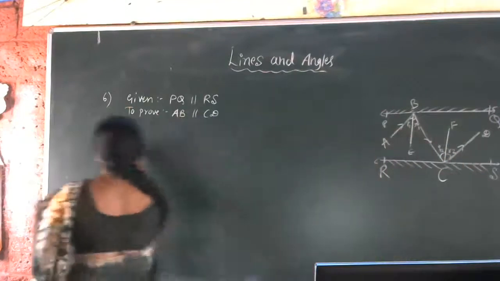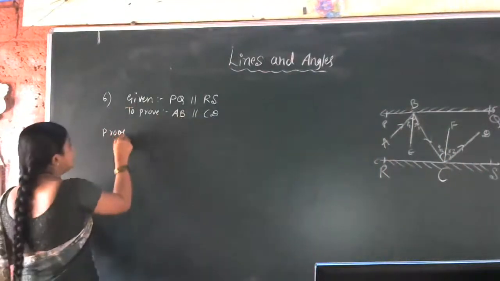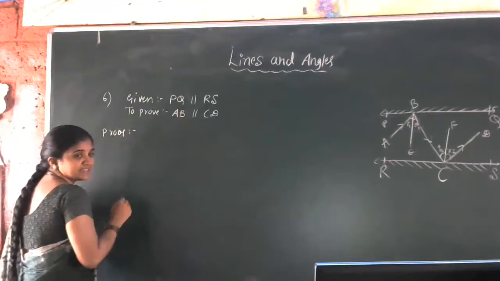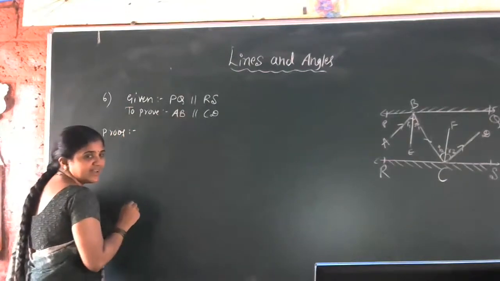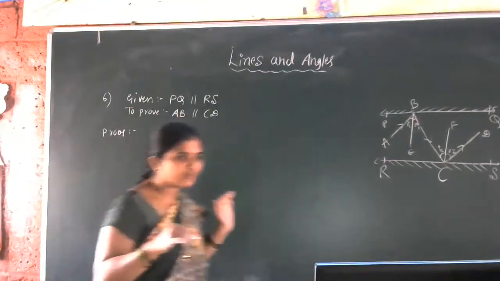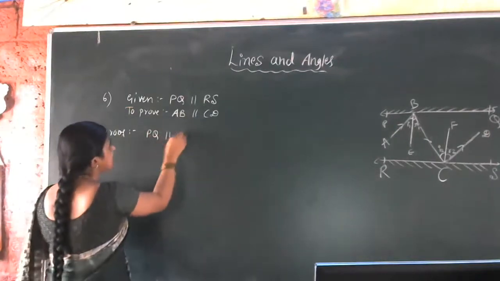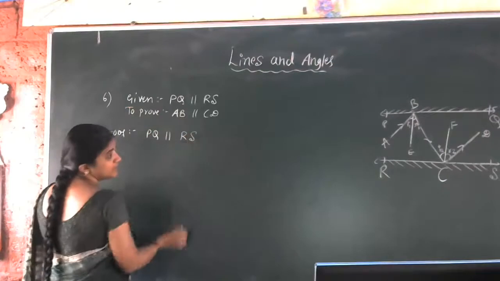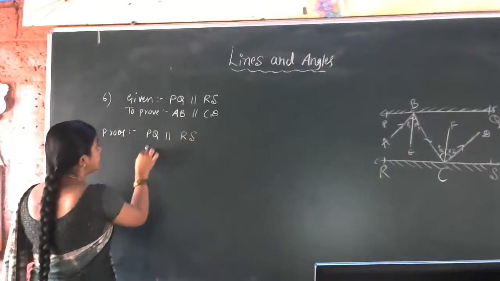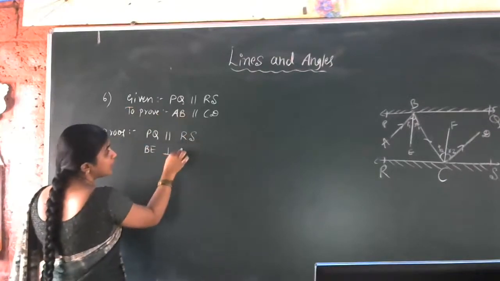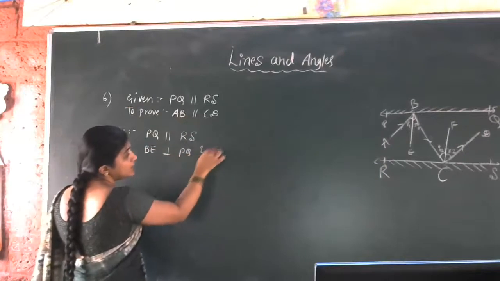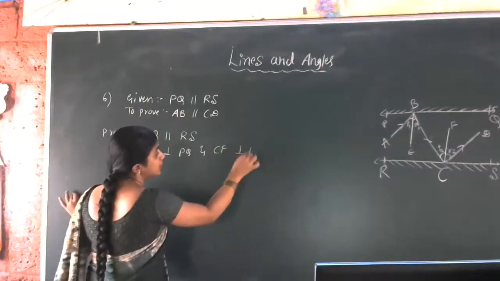So we'll start the proof part. No one is sending the answer for me. I think you are sitting with a question mark on your face. Okay, see here, PQ is parallel to RS, it is given. Now in the construction part, BE is perpendicular to PQ and CF is perpendicular to RS.